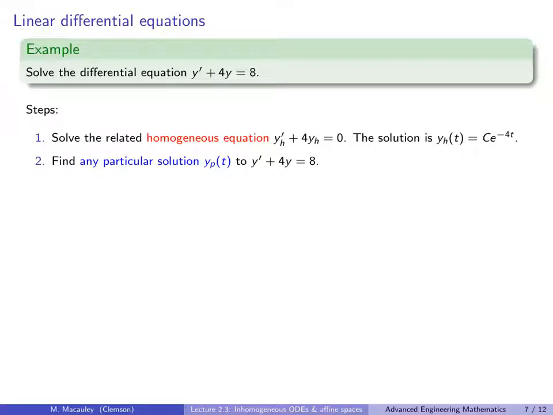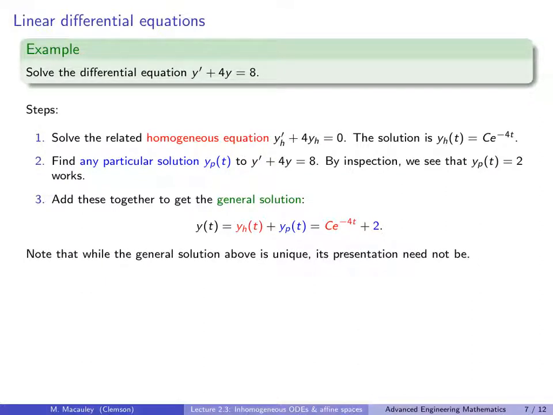Well, if yp of t is a constant a, then its derivative is going to be 0. So we just set the derivative equal to 0 and see, can we solve for y? And look at that. Lo and behold, y equals 2 is a solution. So by inspection, we can see that 2 works for a particular solution.